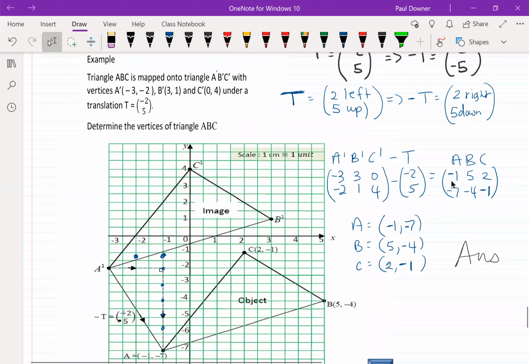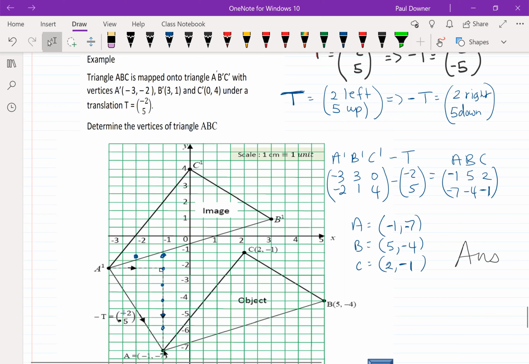And so if I need to move 2 units to the right, it means I have to move 2 sets of 2 blocks, because this will be 1 unit to the right, and that would have been another unit, which is 2 units to the right. And if I have to move 5 units down, I now have to move 5 sets of 2 blocks down. That's 1, 2, 3, 4, 5.